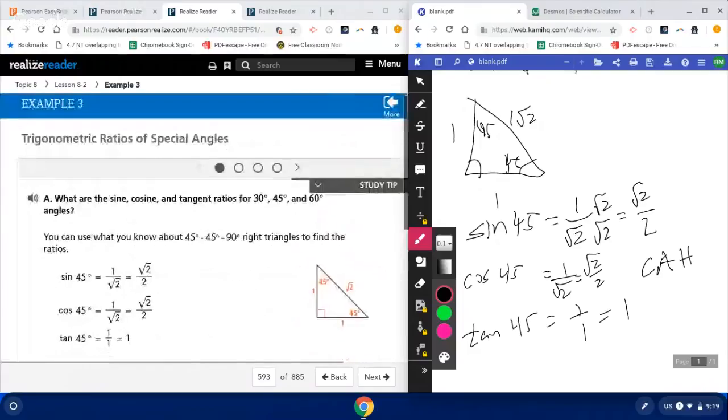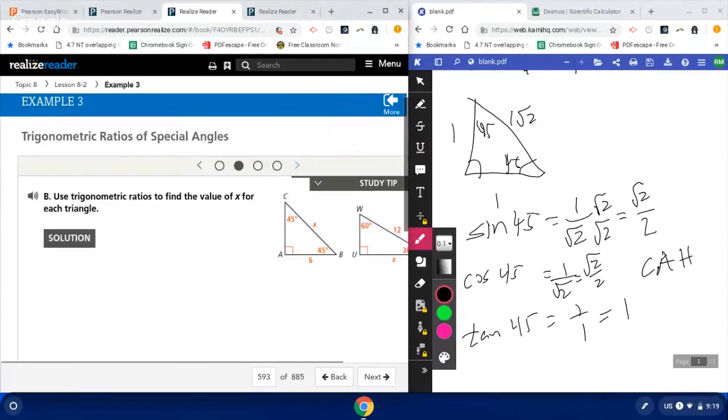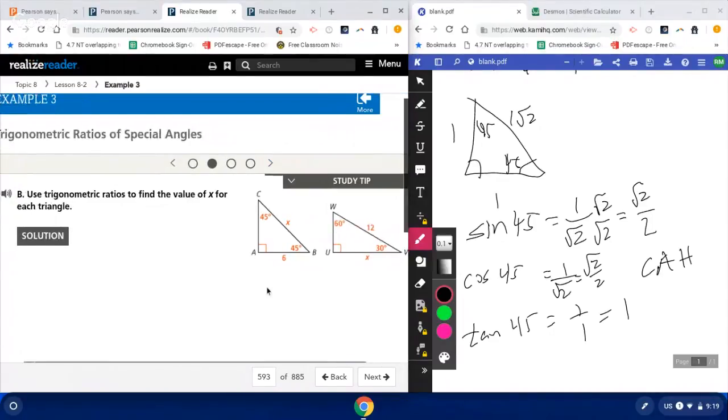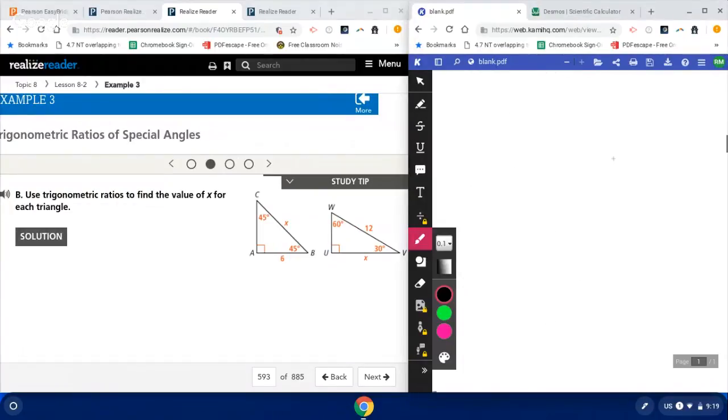Let's see here. So here's a problem they're going to give us, and this would not be a question we would have a calculator for. If we had a calculator, we would simply plug in the numbers and move on.